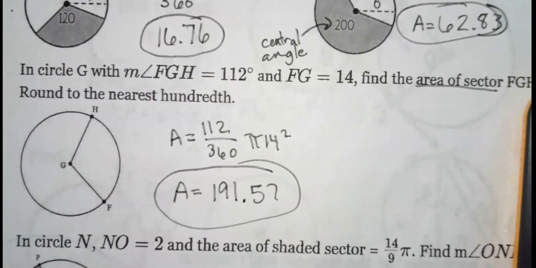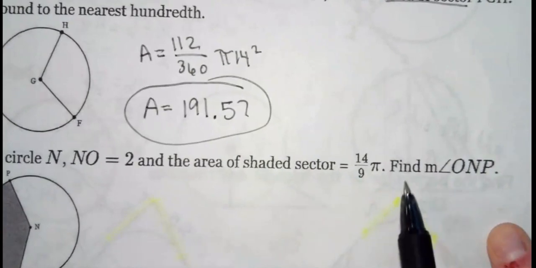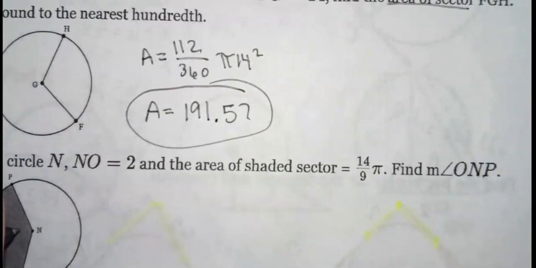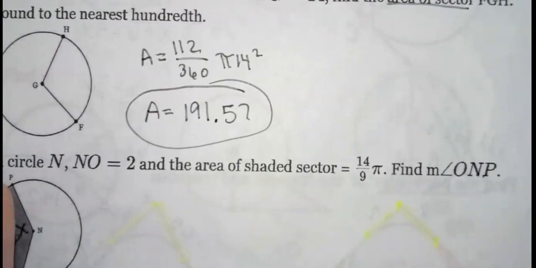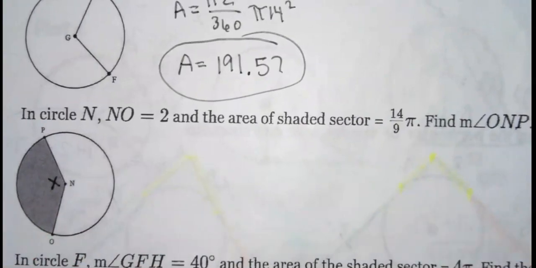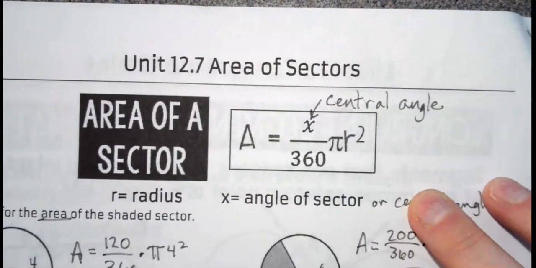But then we get to the next two problems, and it's asking for different things. So you're trying to find that central angle. That is what you're looking for right now. So I'm going to put an X right there because that is what we're trying to solve for. All right, and then the easiest thing to do is I'm going to take this formula right here and turn it into a proportion.